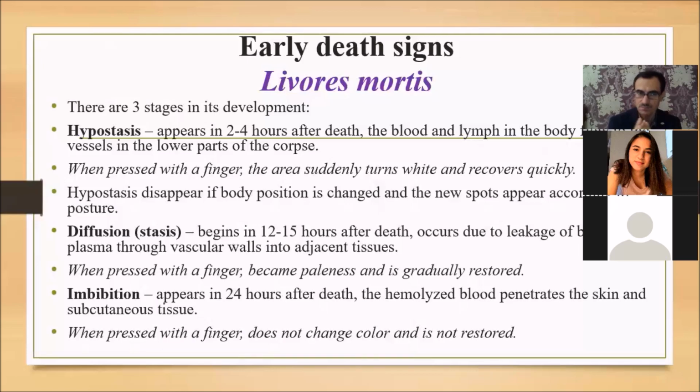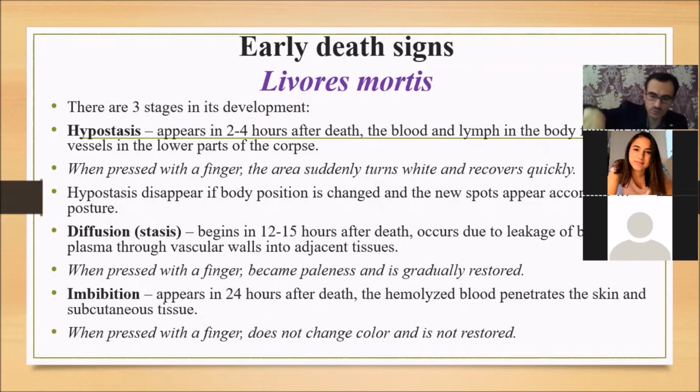When we press on these spots, the area suddenly turns white, because we press on the blood and the blood enters another place; it replaces the place. Do you understand me?